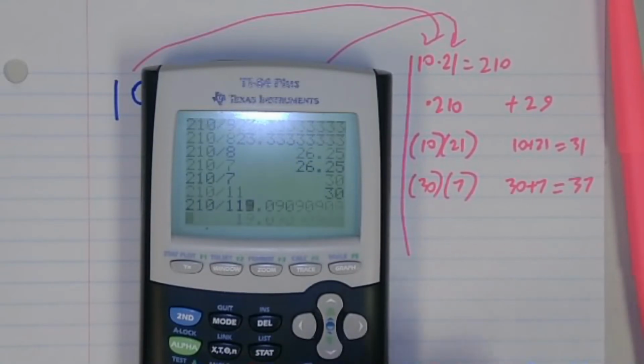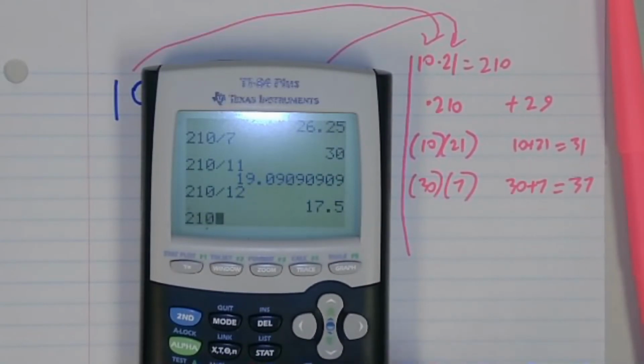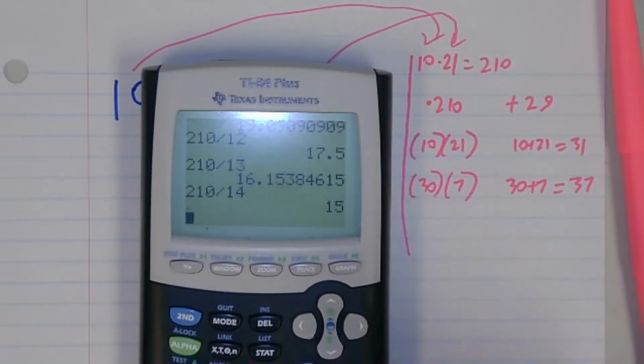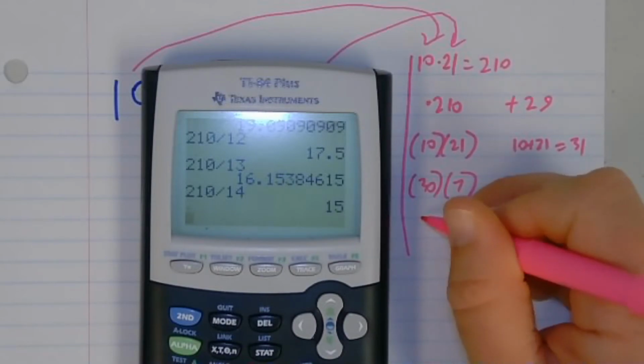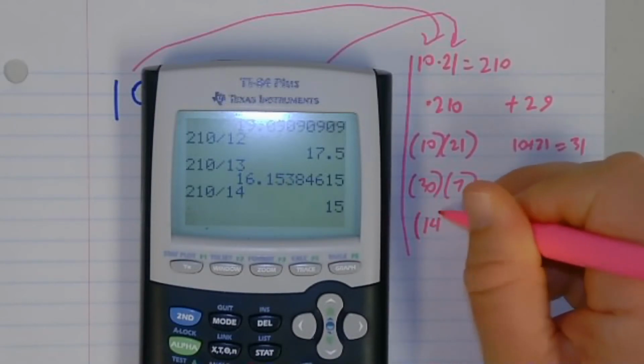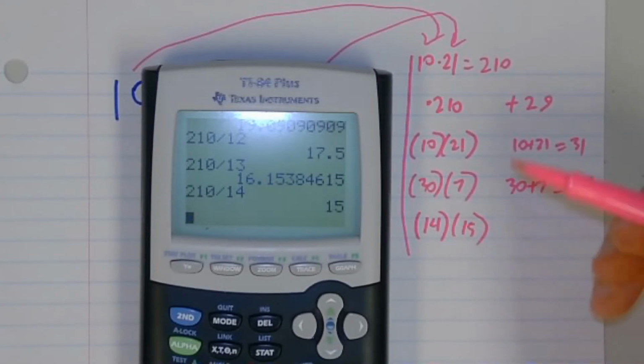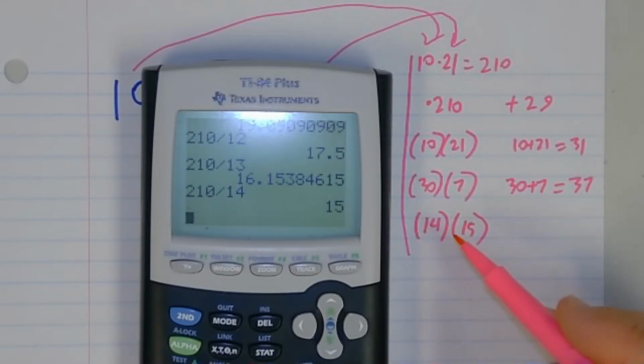So 11, that doesn't go well. 12, that doesn't go well. Don't have a lot of hope for 13. Yeah, that didn't go well. 14, hey, it worked. Okay, so 14 and 15. So I'm just finding factors. And because I never had to memorize my 14 times tables, I didn't immediately know, oh, 14 times 15, that's 210.